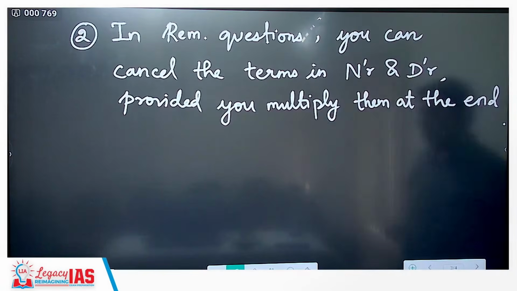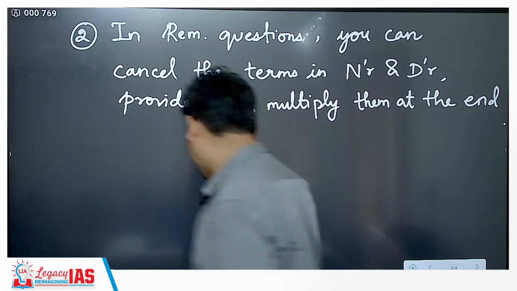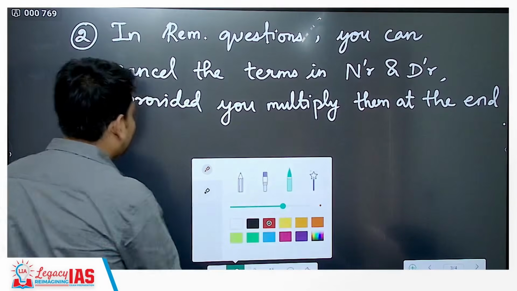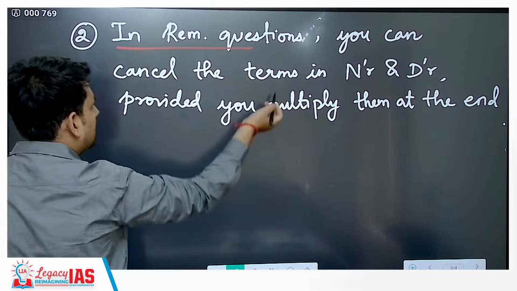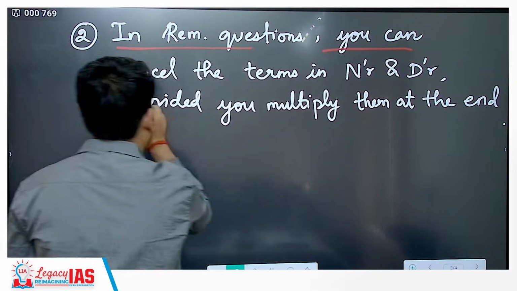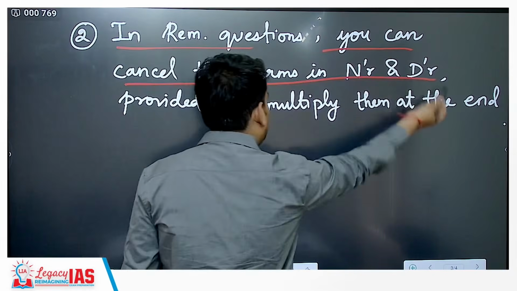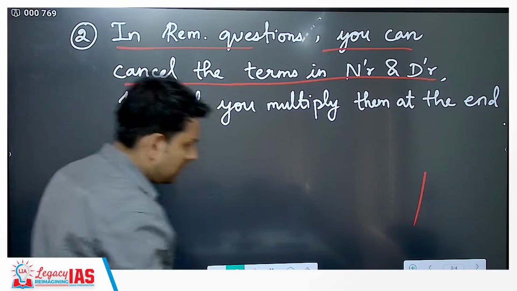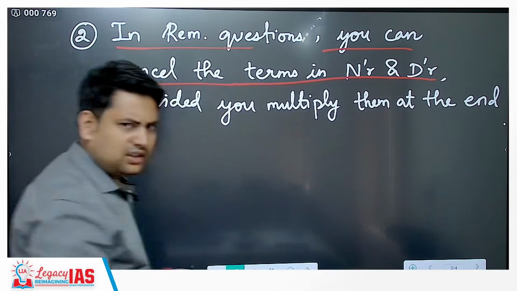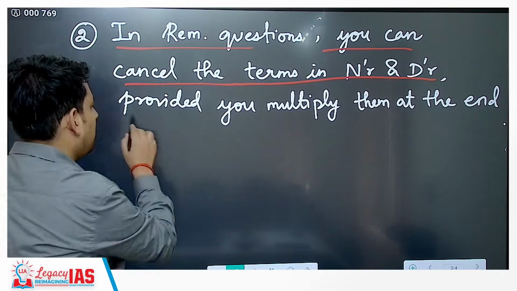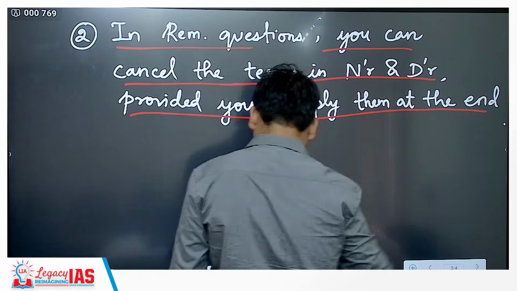Now this is the second concept. See, in remainder questions you can cancel the terms in the numerator and denominator. That means you can cancel the terms up and down provided you multiply them back at the end.